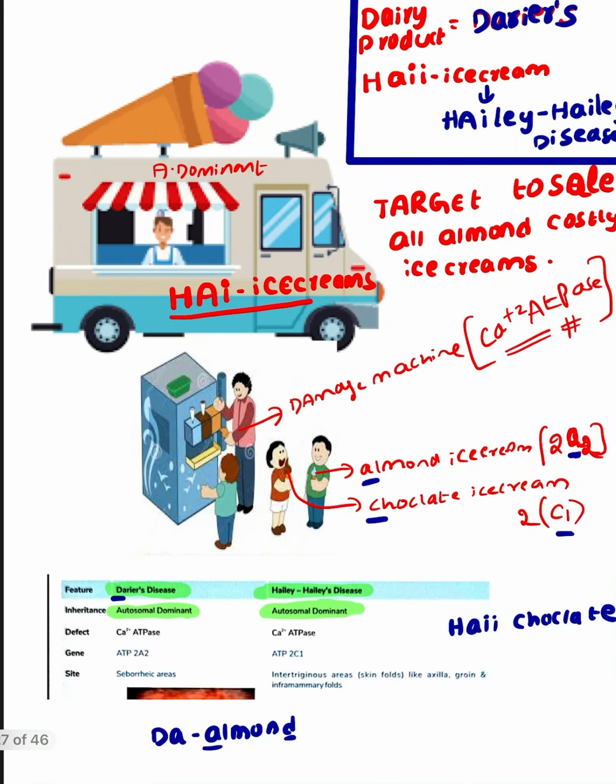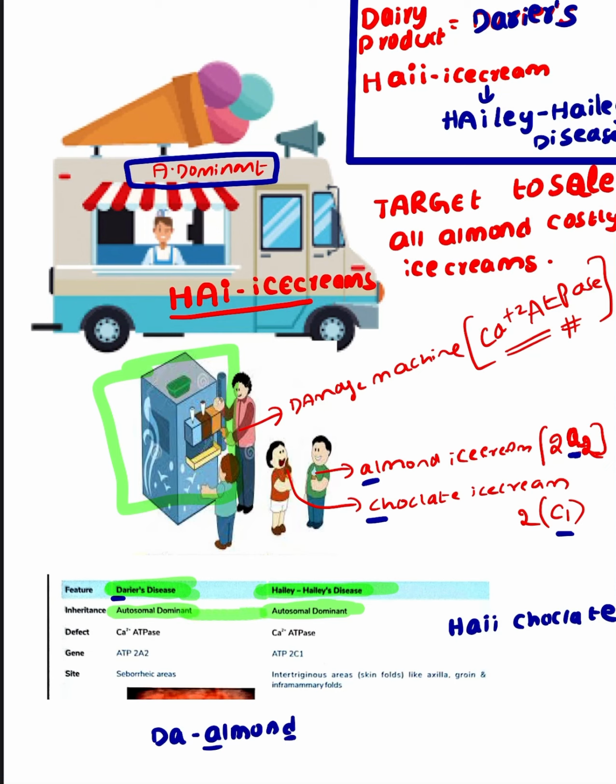Now see, this is the big truck from where they buy the ice cream. A big truck means it is an autosomal dominant condition. And the other thing: this is the calcium ATPase channel, and the defect in both these diseases is in this calcium ATPase channel. This is Darier's disease and Hailey-Hailey disease.